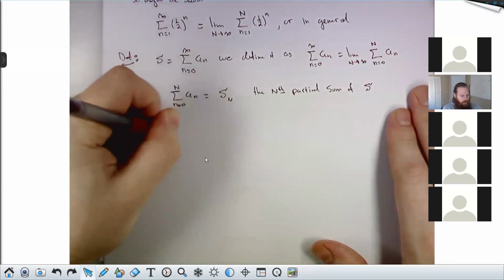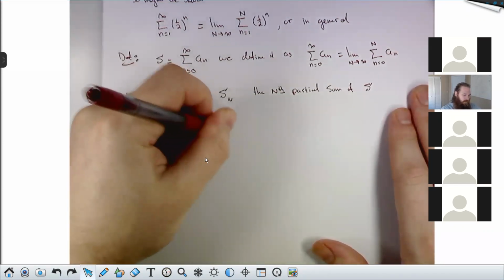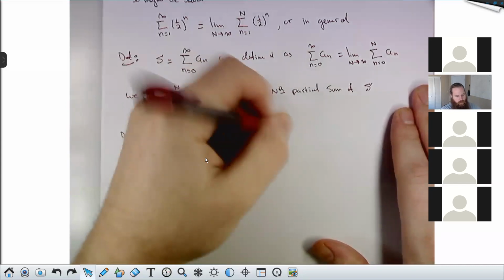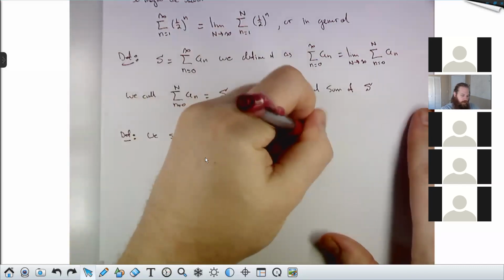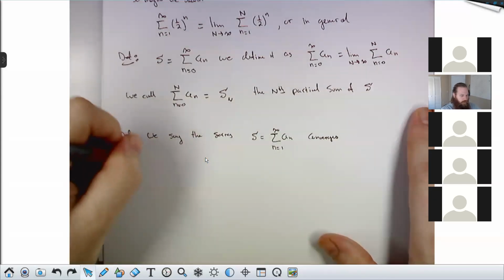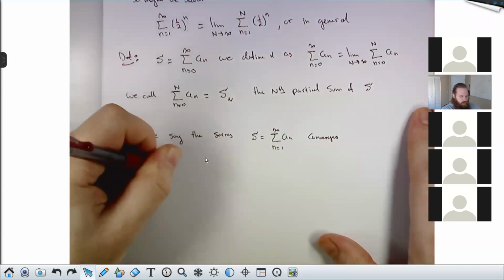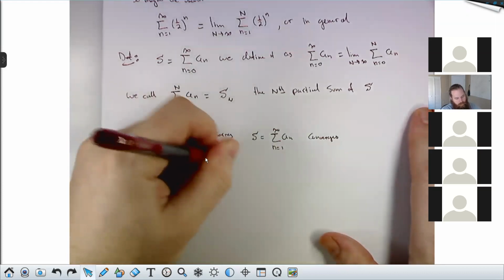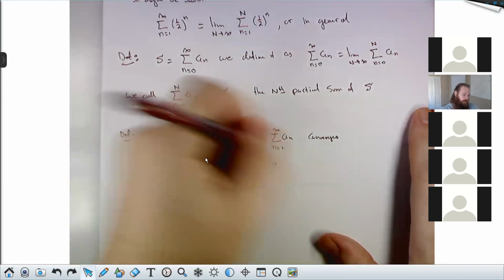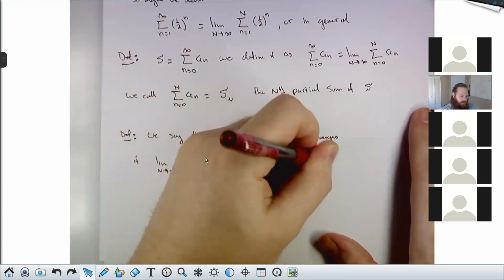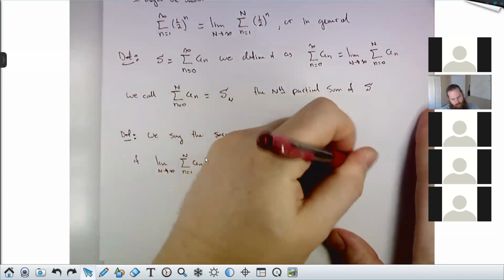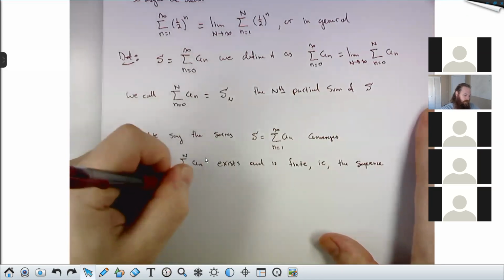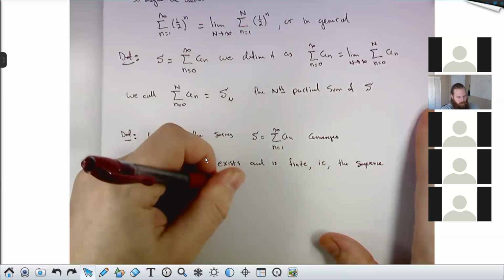So we say the series S equals the sum over little n from wherever, I'll say 1 to infinity, could be 0 to infinity, of a_n, converges if the limit as capital N goes to infinity of the sum from 1 or wherever to capital N of a_n exists and is finite, i.e., the sequence of partial sums converges, right?